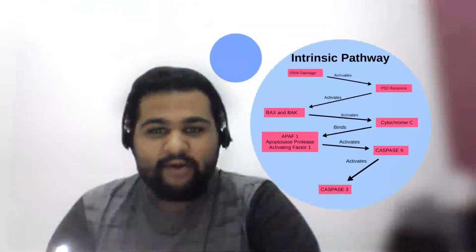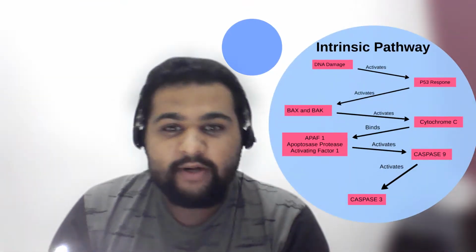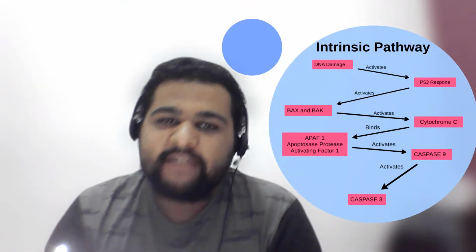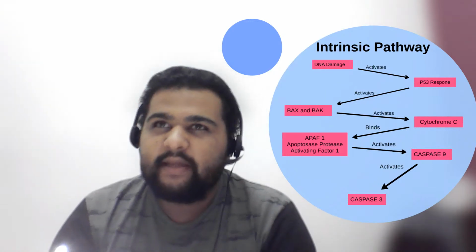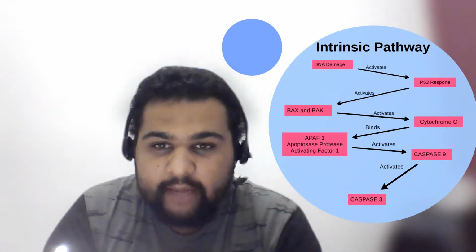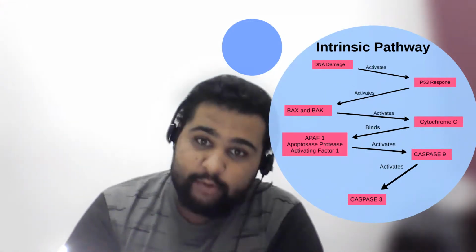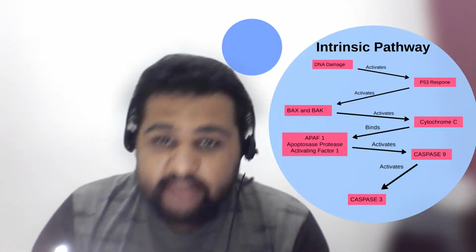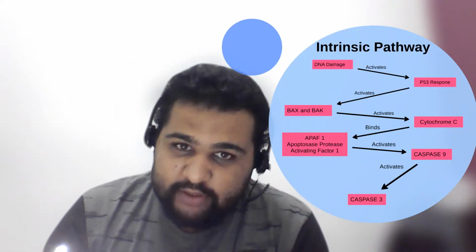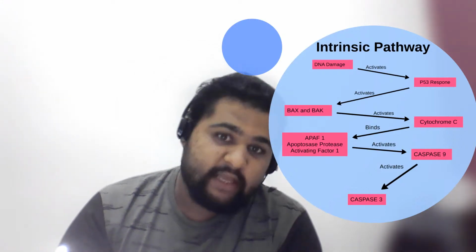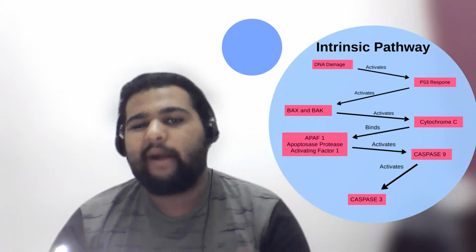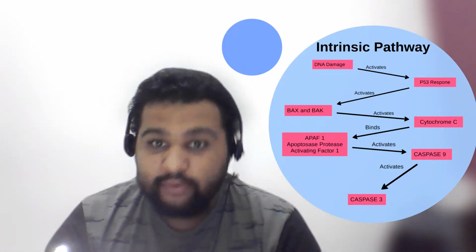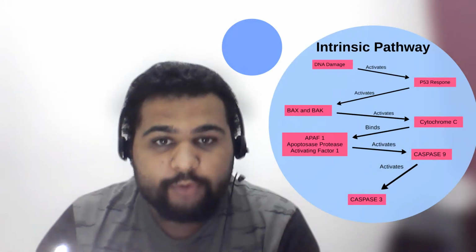All right, now let's talk about the intrinsic pathway. It's a little deeper than that. The intrinsic pathway is usually triggered when there is some sort of DNA damage. This could be through radiation, chemotherapy, or whatnot. The DNA damage results in a p53 response. The p53 response then starts to upregulate BAX and BAK, which are, as we said, pro-apoptotic.